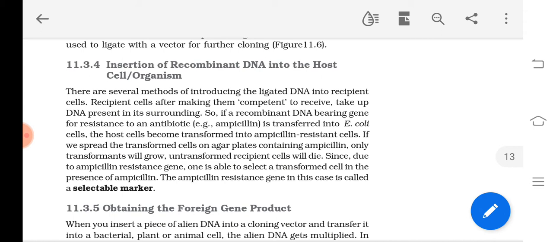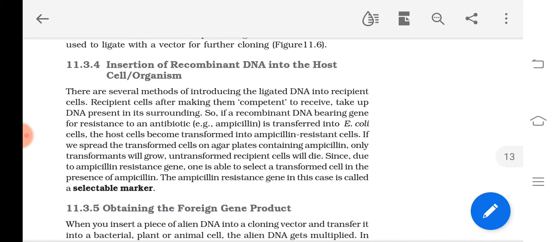So it has to be made competent, and then the gene of our interest can be introduced into the host cell. Now if a recombinant DNA is bearing a gene for resistance to an antibiotic, and if that particular gene is transferred into a bacterium, say for example E. coli, the host cell will now become resistant to ampicillin. Understood? I told you all these experiments are trial and error methods only.